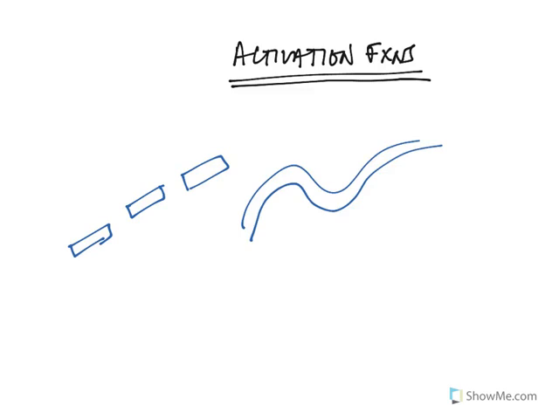Ideally, you would want to connect these blocks, just like a little train, with some kind of a junction. An activation function could be something that is connecting these blocks here, here, here. So you get the idea.